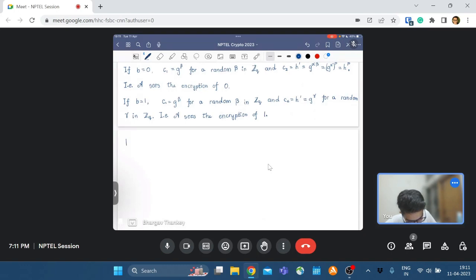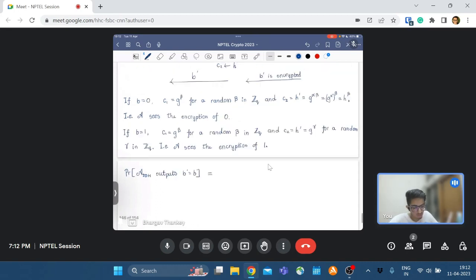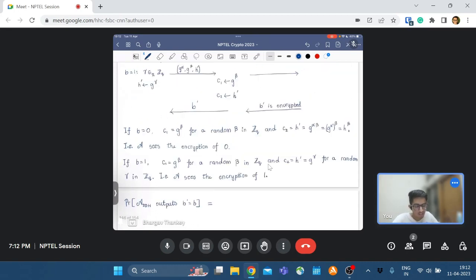Probability that ADDH, that is ADDH wins its game. It just forwards B prime and it gets from A to the verifier.